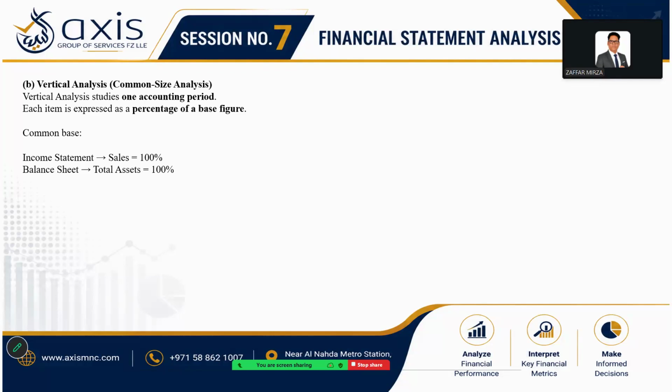When analyzing vertical analysis, a common size analysis, each item is analyzed by taking sales as the base for the income statement, and total assets as the base for the balance sheet.